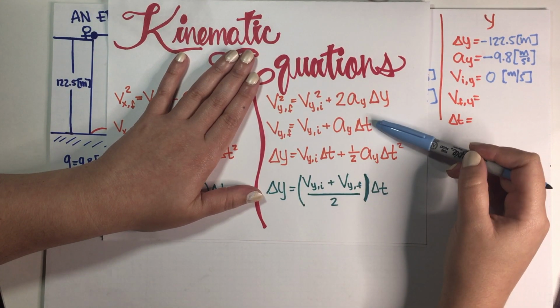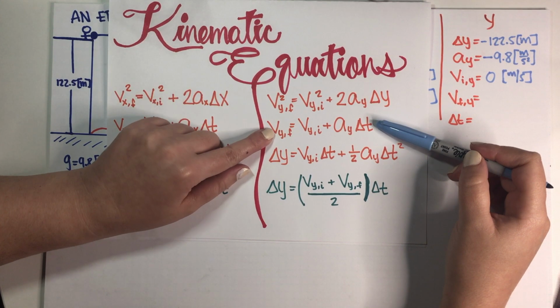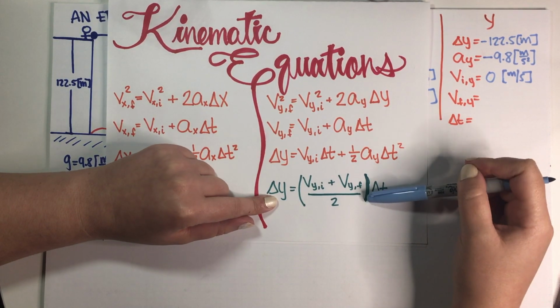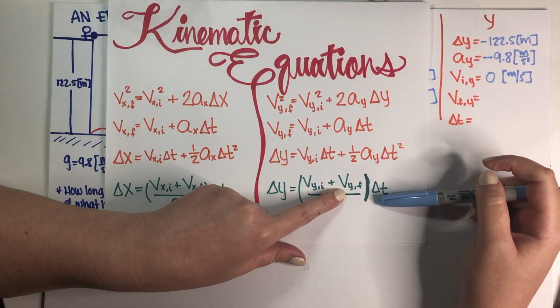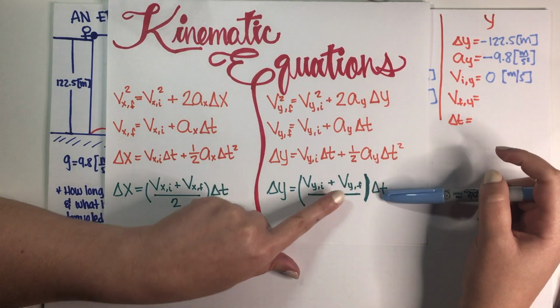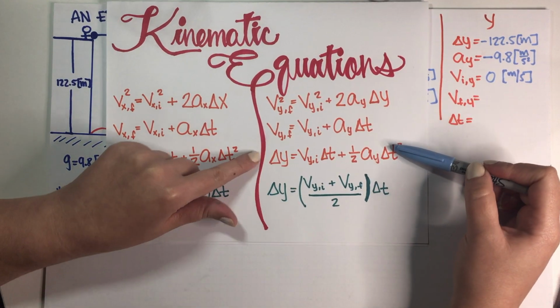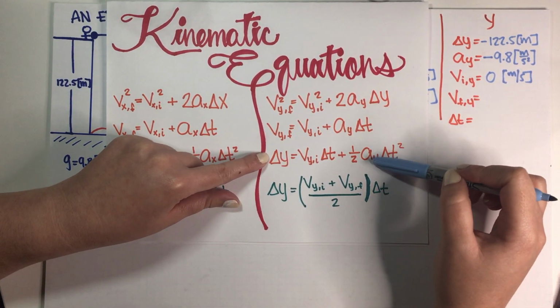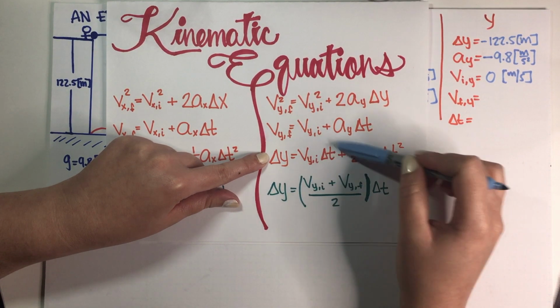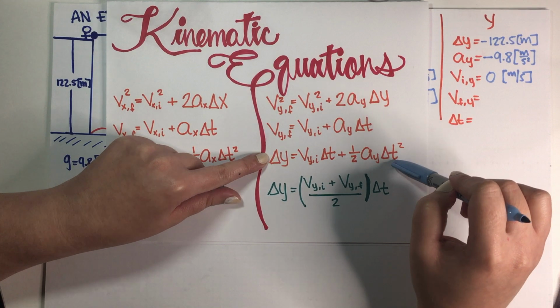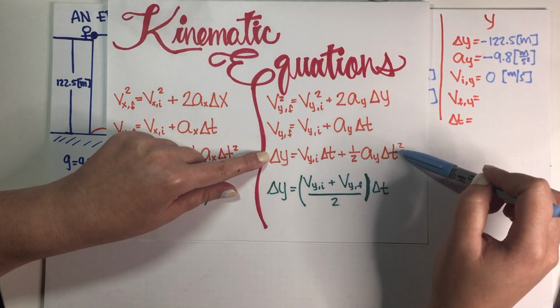However, this one I can't really use because I don't have v final, so I would get stuck. And this one, as you can see, is the same situation. If I use this equation, I'm going to get stuck because I don't have v final. So really the only option for me, if I want to figure out delta t without finding v final first, is this equation.